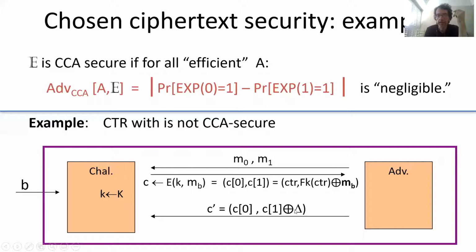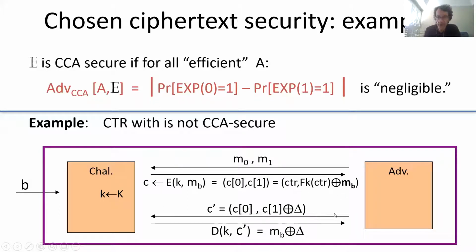Yeah, but this attacker can just choose delta any way he wants, and what he gets back is an encryption of message MB, but shifted with this delta, which you XOR on top of it.